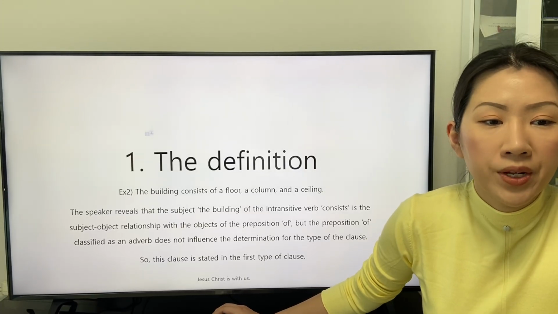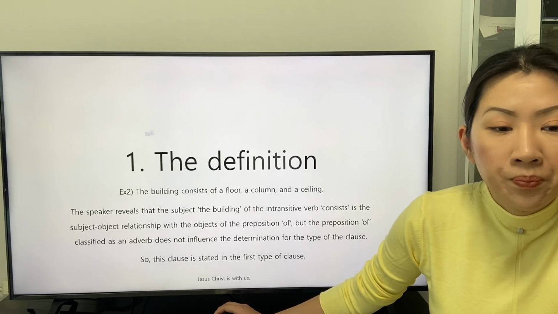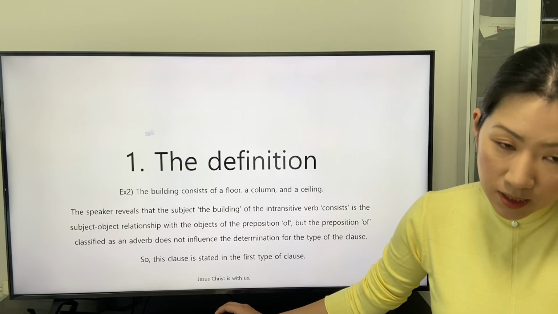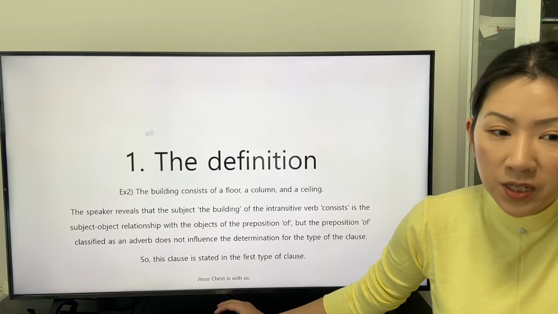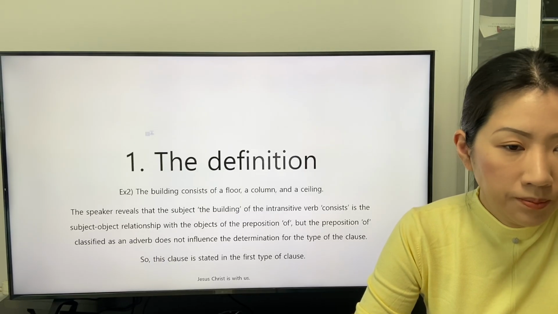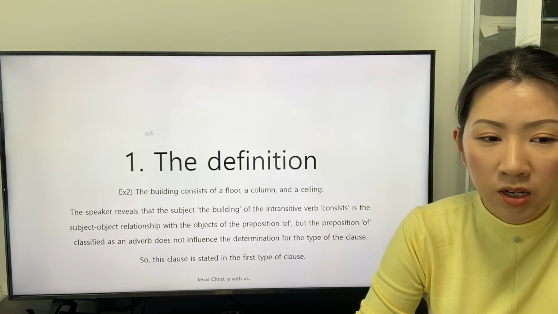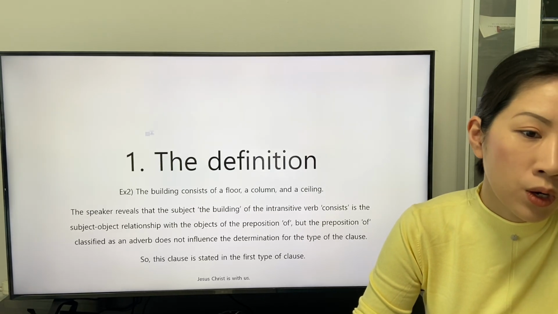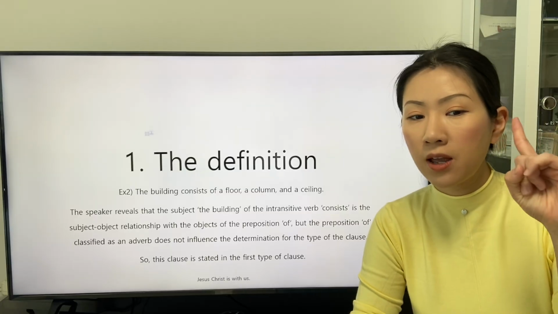The speaker reveals that the subject, the building, of the intransitive verb consists is in the subject-object relationship with the object of the preposition of, but the preposition of, classified as an adverb, does not influence the determination of the type of the clause. So this clause is stated in the first type of clause.